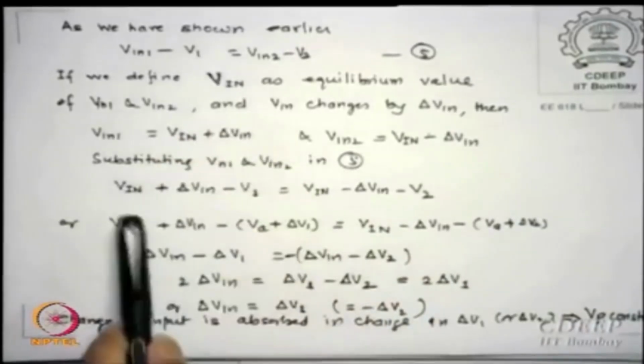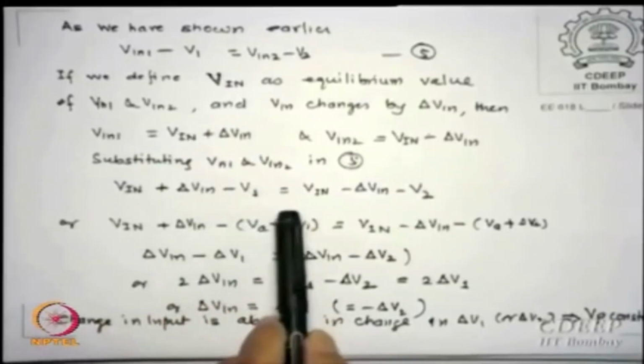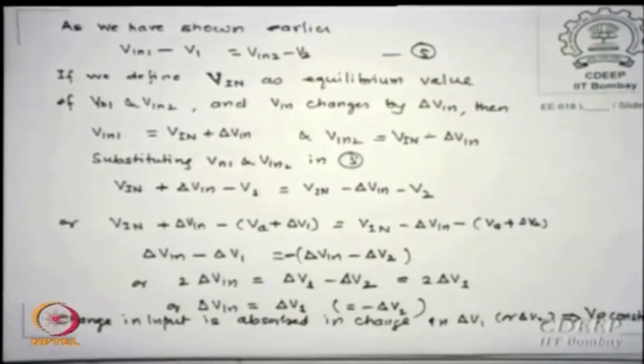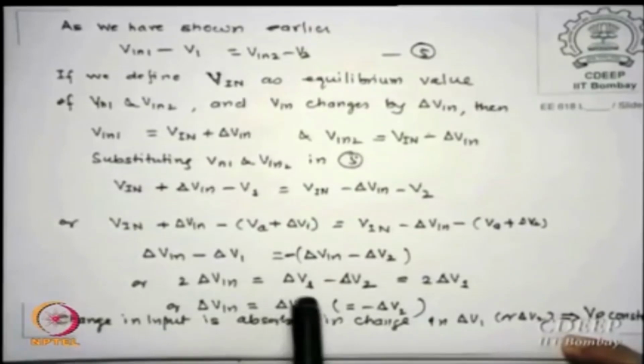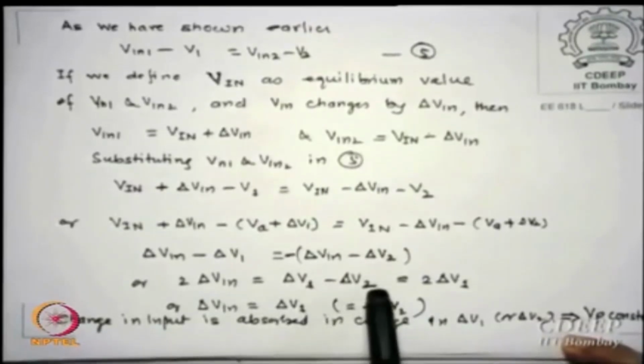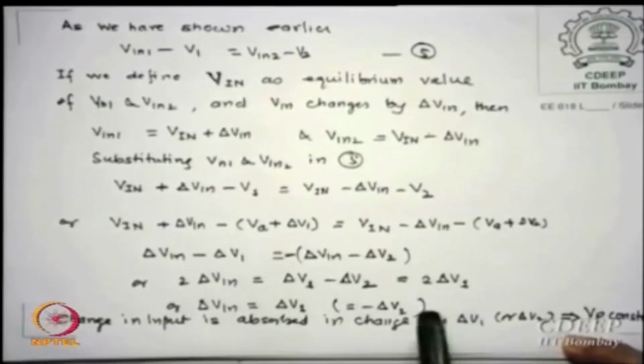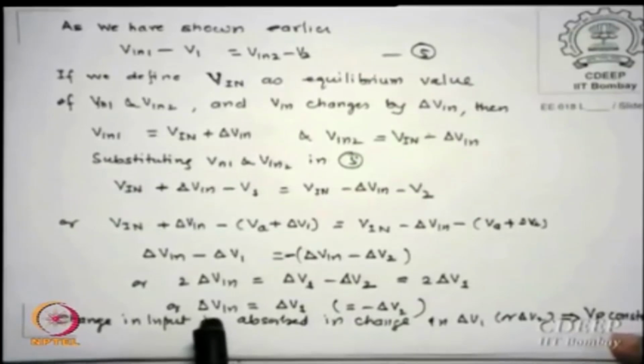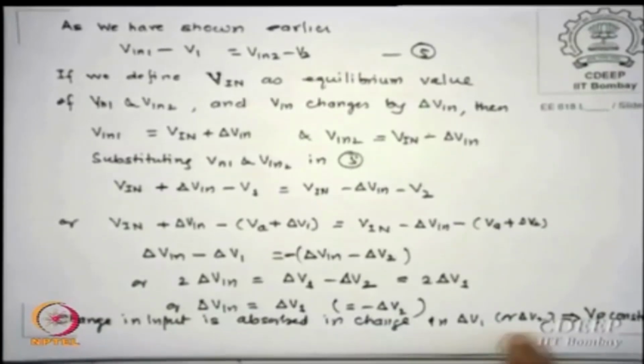Substituting this here, Vin plus delta Vin minus V1 is equal to Vin minus delta Vin minus V2. Collect the terms and you get 2 delta Vin, that is Vin1 minus Vin2, is delta V1 minus delta V2, but we already said delta V1 is minus delta V2, so it is 2 delta V1. So delta Vin is delta V1, or equal to minus delta V2. So the change in input is essentially absorbed in delta V1 or delta V2.